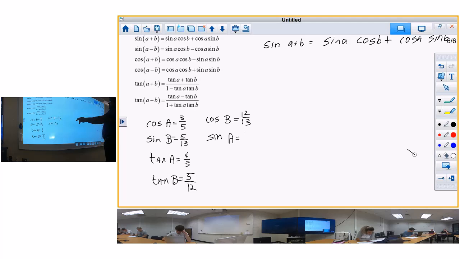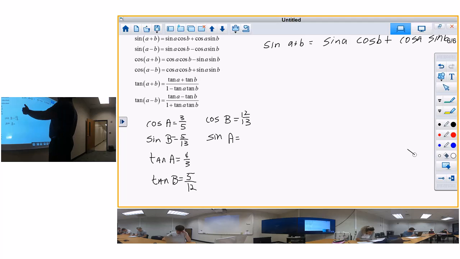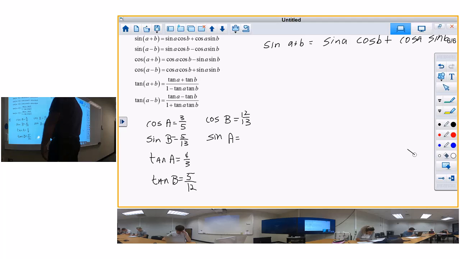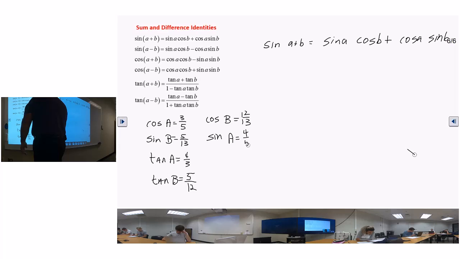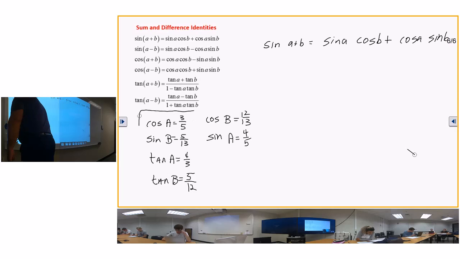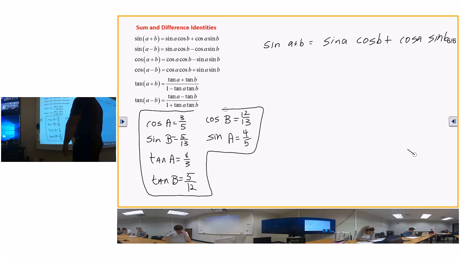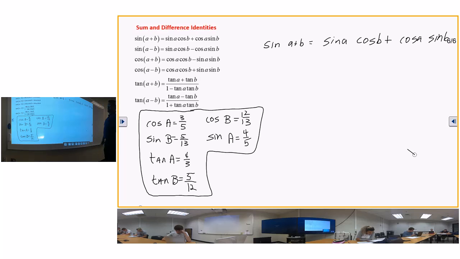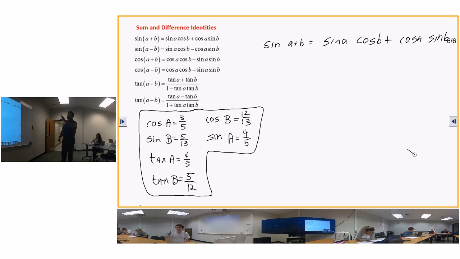Okay, what is the sine of A? What did it come out to be? 4 over 5? Somebody help me out. All right, everybody check right quick. Easley, Oconee, and Anderson, check and see if that's right because Pendleton won't tell me. Check and make sure I copied everything from the previous screen.